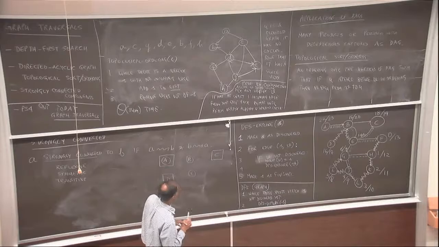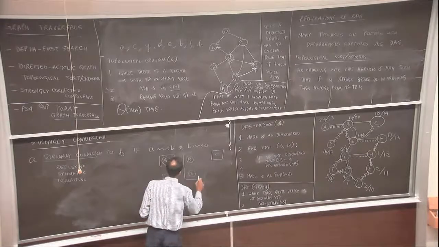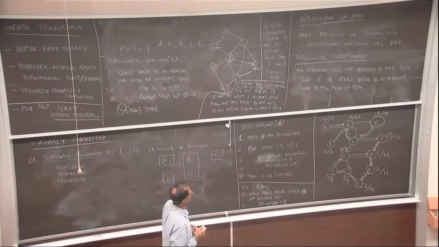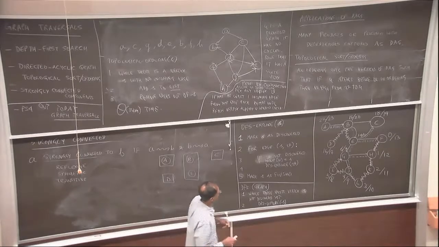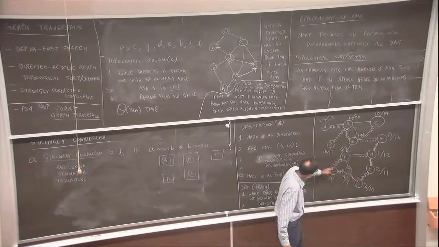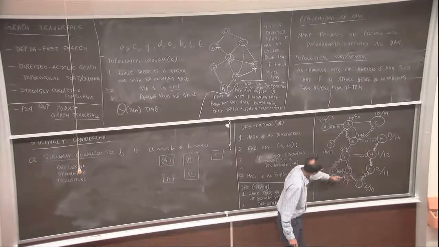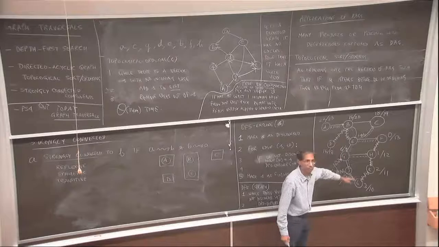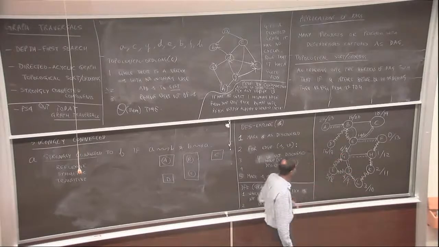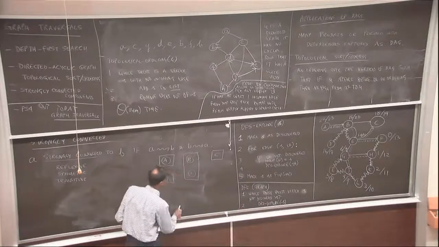No. What about F? What about H? K? So there is this big cycle. This big cycle means all of these vertices can reach each other, right? So G, H, K, L, I, J, they are all together.